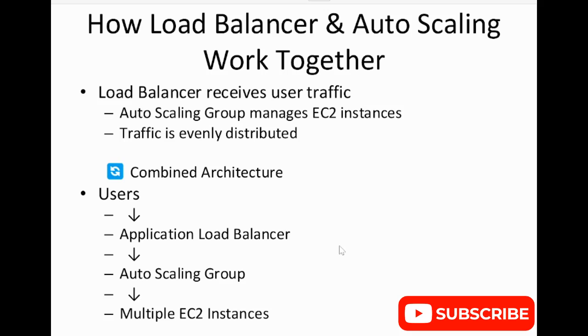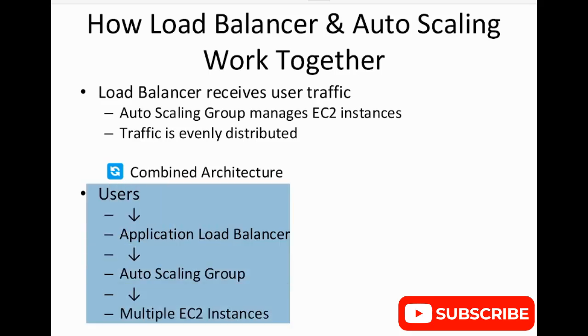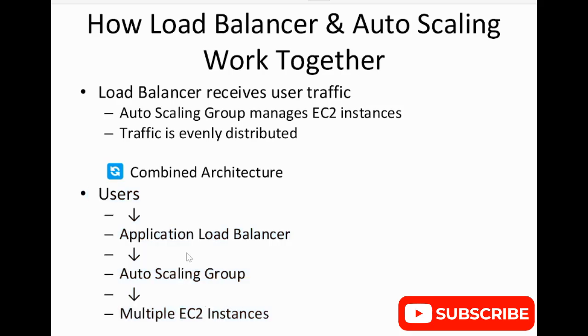But in the backend, the Application Load Balancer is working. It's linked with an auto scaling group so that we are able to add or remove multiple EC2 instances. All this happens in the backend. So this is the architecture of load balancer and auto scaling.